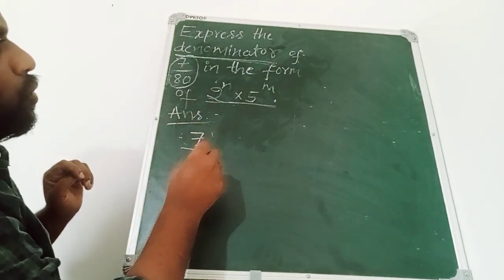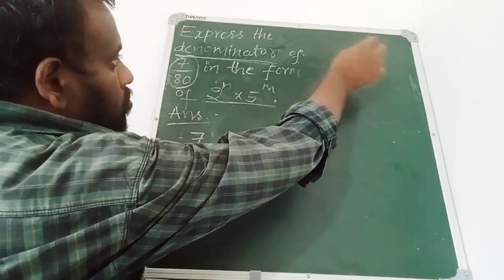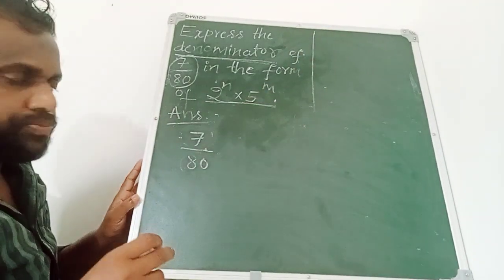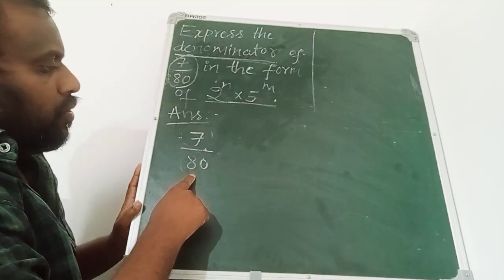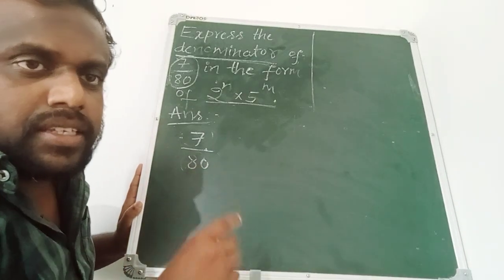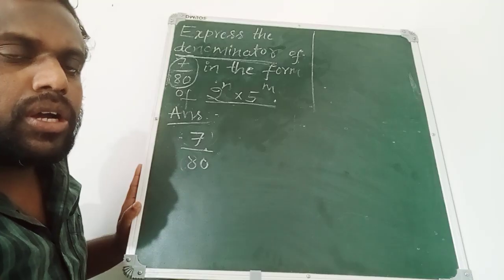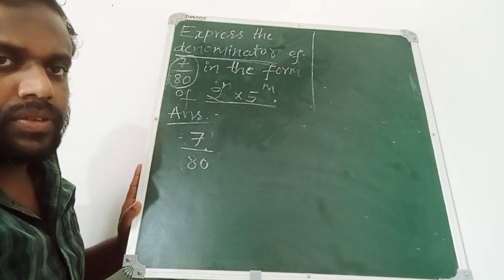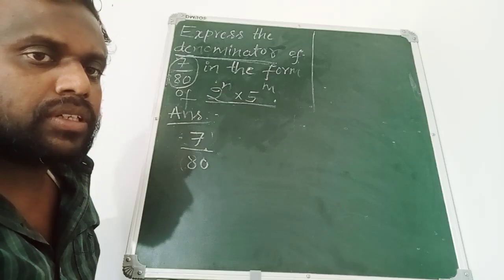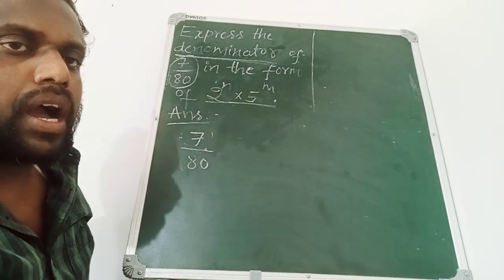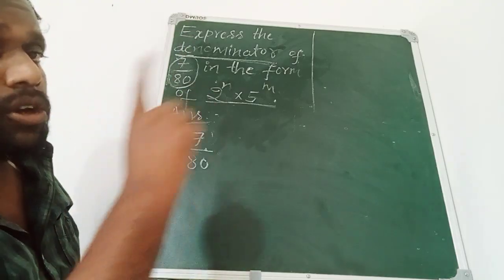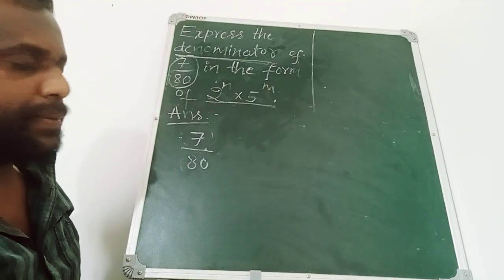So first what you will do, we have to write this as a product of prime numbers. What are prime numbers? I have already explained in a video, it comes on the top of the screen, and you can check it.